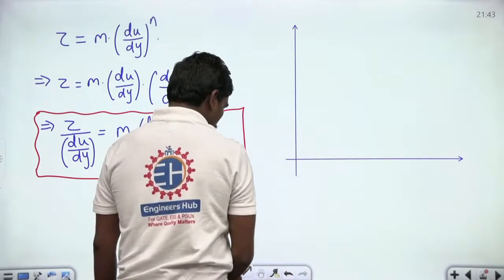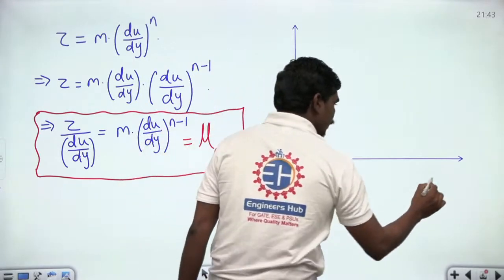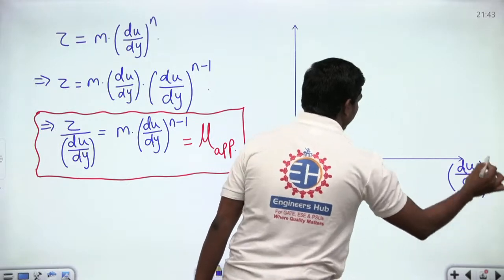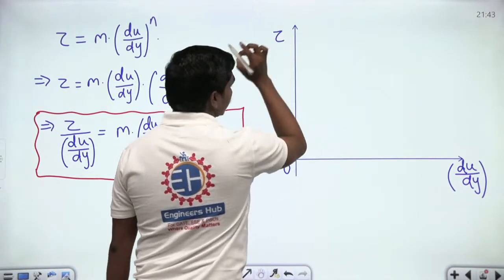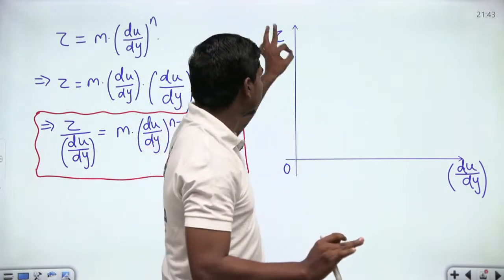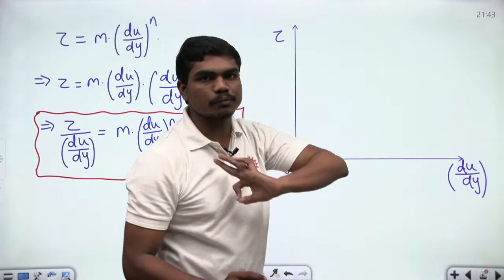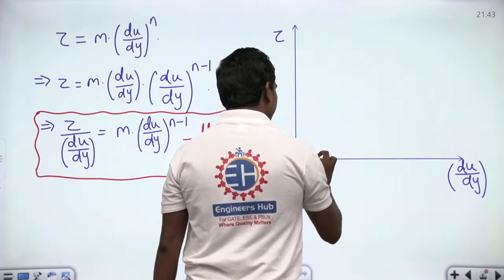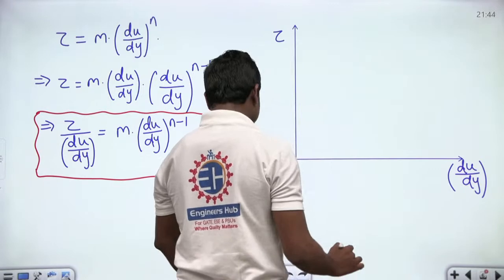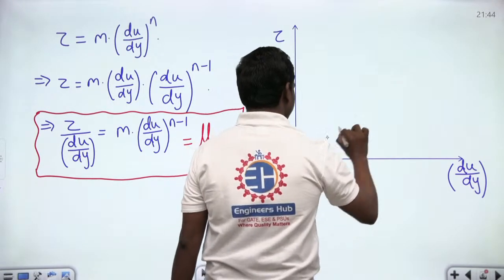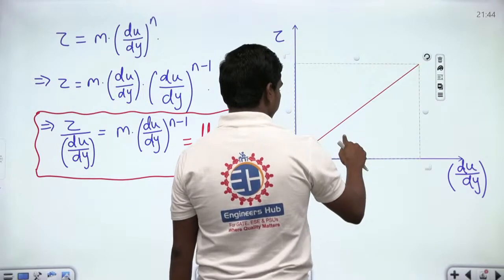Normally if this is your origin, and this axis is for the velocity gradient du by dy, and this is for your tau, now see carefully. If you want to plot a Newtonian fluid on this, definitely you know tau and du by dy are exactly proportional to each other. So you will plot a line, let me use a ruler for neat sketches. So see carefully here.